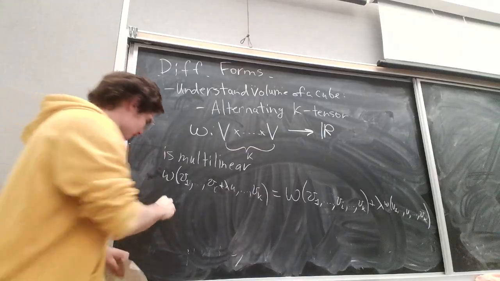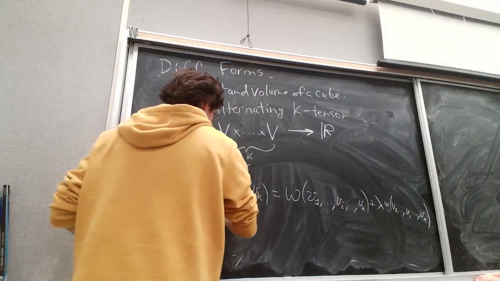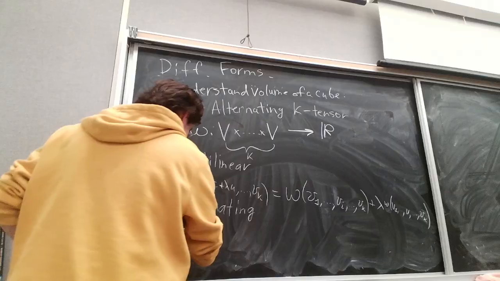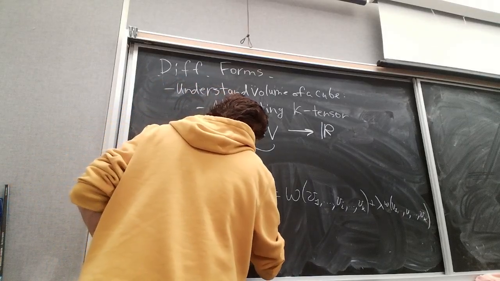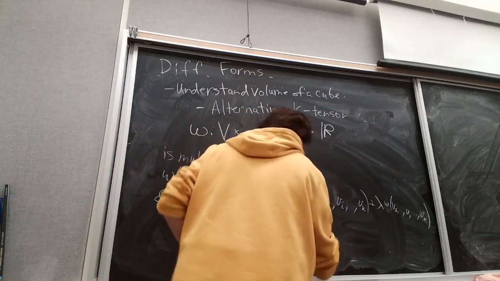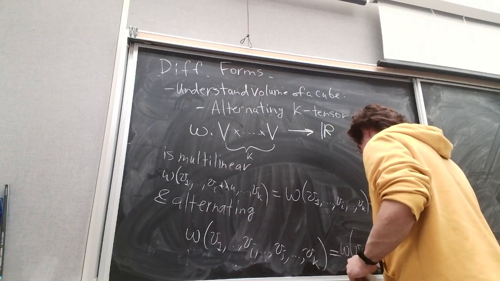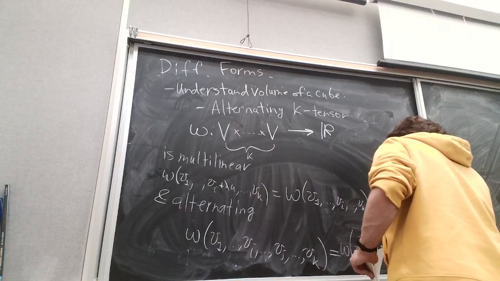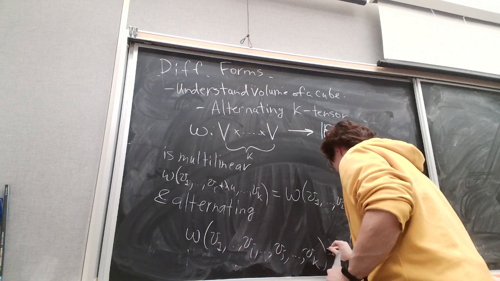Okay, multilinear and alternating, meaning that if I swap two entries, I just pick up a minus sign.